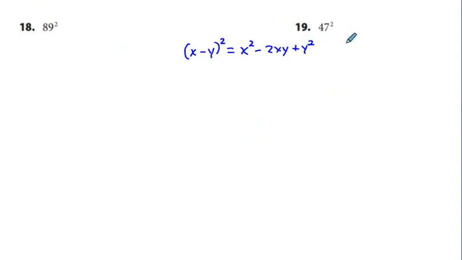And so we're going to say let x equal 50 and y is equal to 3.